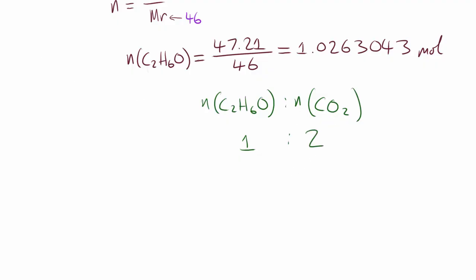On that basis, the number of moles of CO2 is equal to 2 multiplied by the number of moles of C₂H₆O.